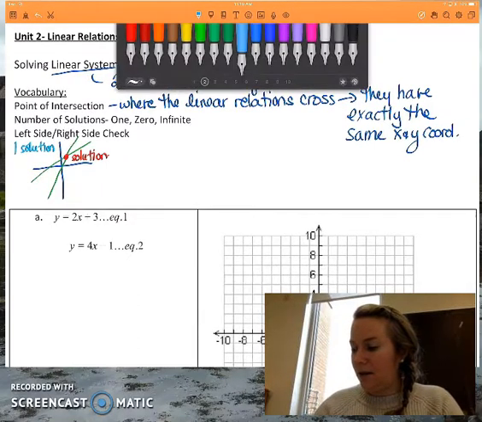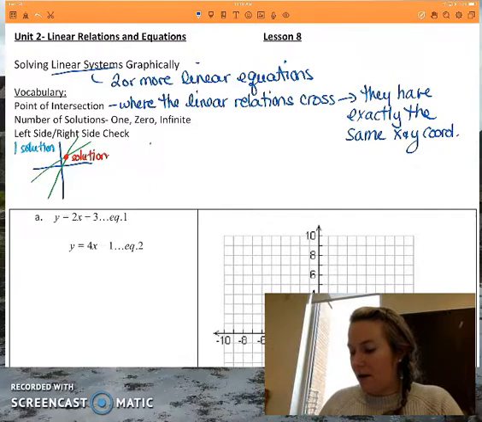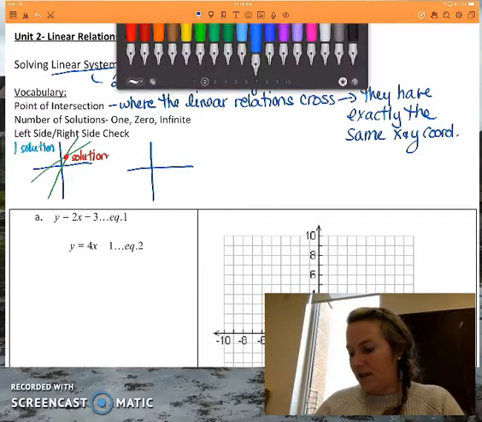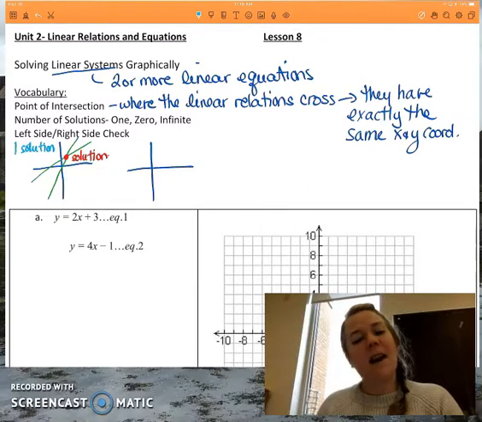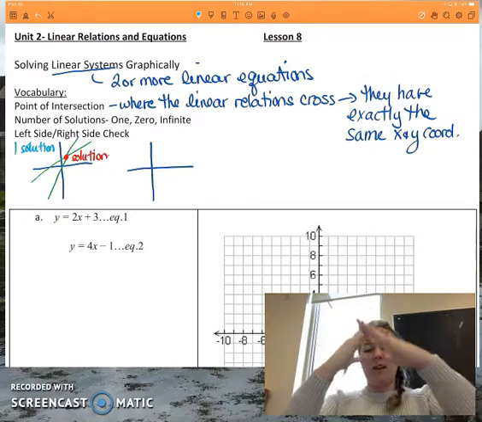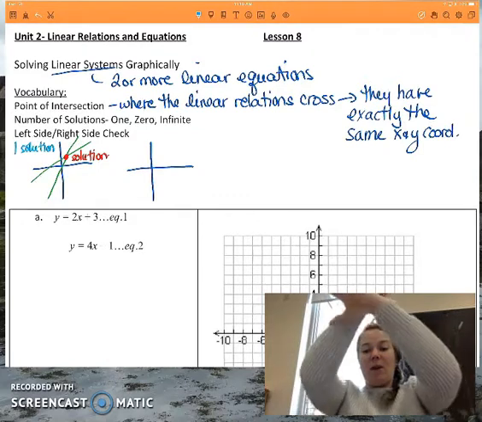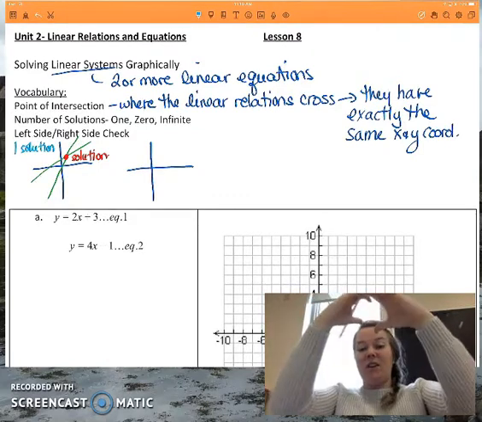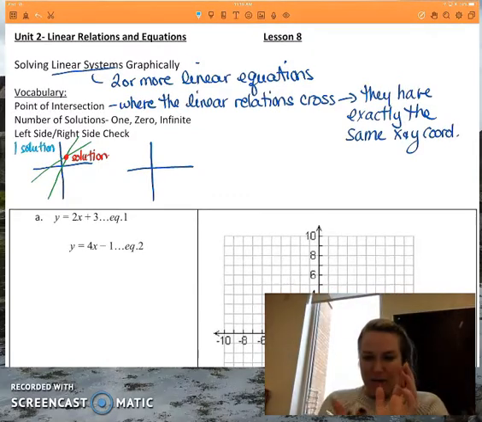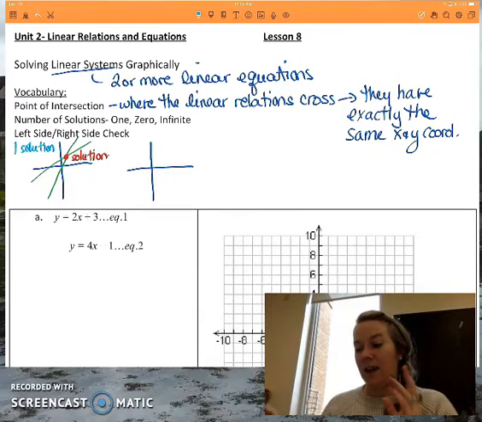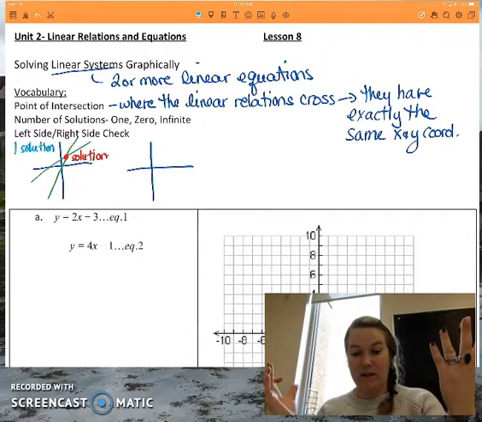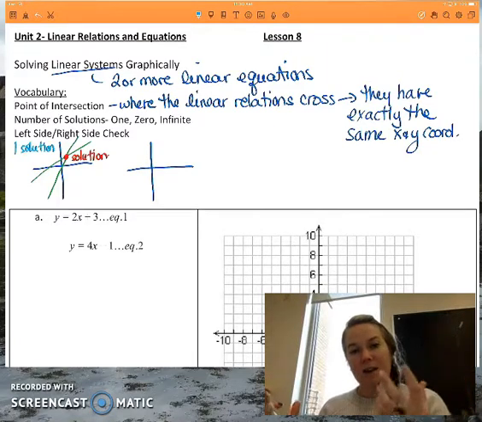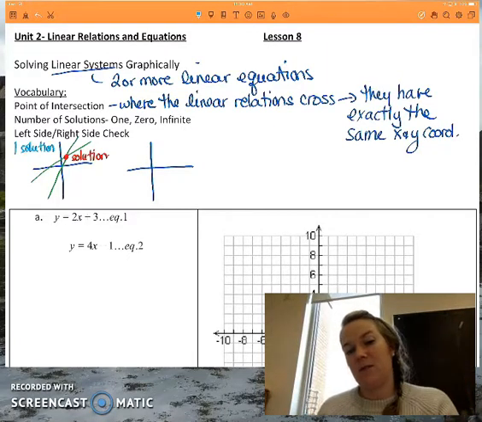So let's think about other types of solutions. Could we have two solutions? Not if our equations are linear, because if they cross once, they're going to keep going away from each other. They're not going to bend and cross again because they're straight lines. So we can't have 2, 3, 4, 5 solutions. So what we're going to have is maybe 0 solutions.